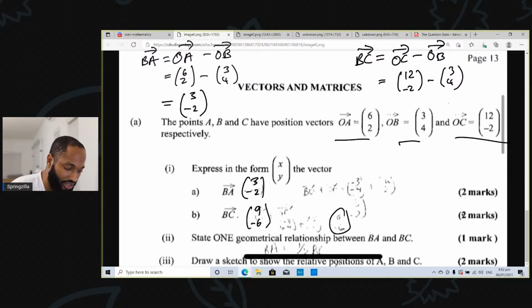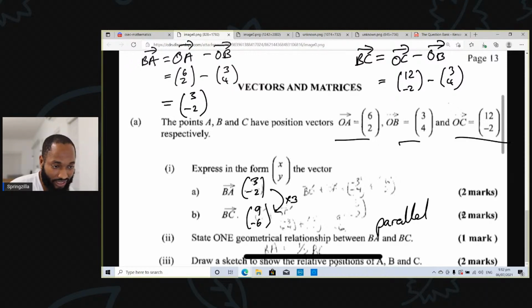State one geometrical relationship between BA and BC. Parallel. They are related by a scalar factor of 3. Once they have a scalar factor, they're parallel.